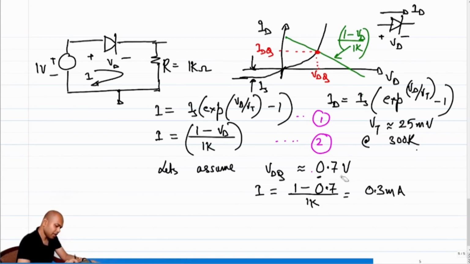Fine. If my quiescent voltages and currents are these, what is the next step?